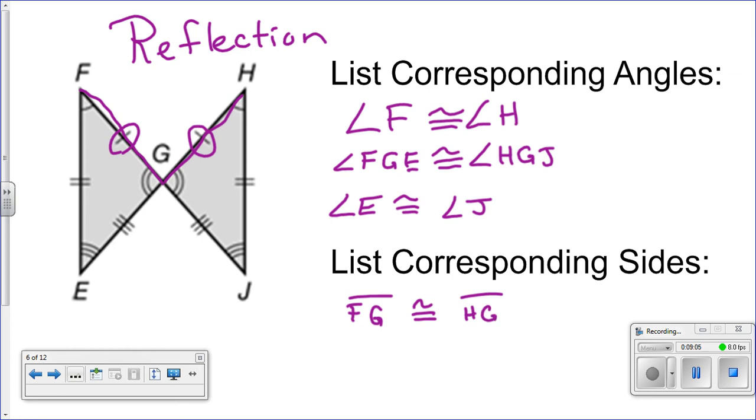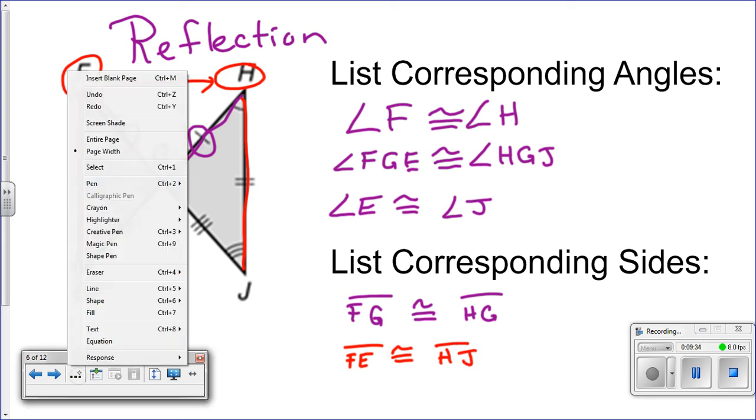Okay, your next line segment. Let me change the pen color here. This one goes along with this side right here. So I'm going to say line segment FE is congruent to line segment. Now if I started with the F, it means I'm going to have to start with what corresponds with F. So that's going to be HJ.